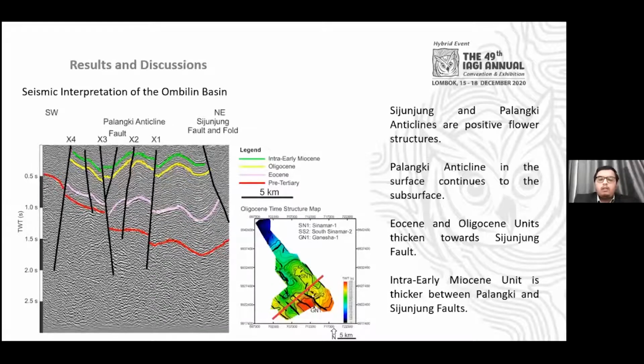So we can regard the Sinamar and the Sijunjung faults as subsidiaries of the major Takung structures. We can also see that the Eocene and Oligocene units both thicken towards the Sijunjung Fault, a similar phenomenon to the previous section. And the intra-early Miocene unit is thicker between the Palanki and the Sijunjung faults. We will address this evidence later in the geohistory part.